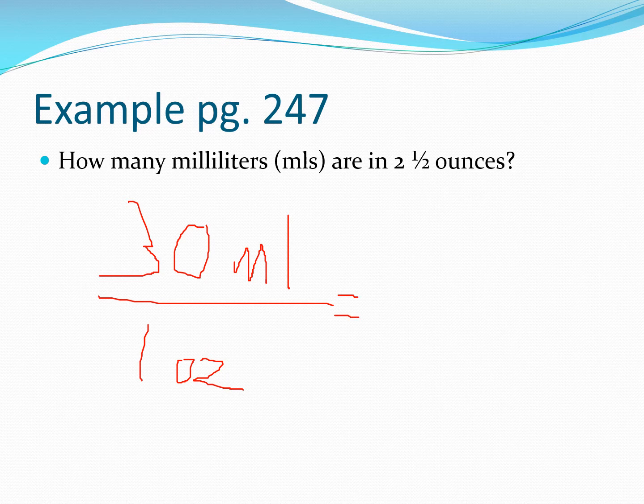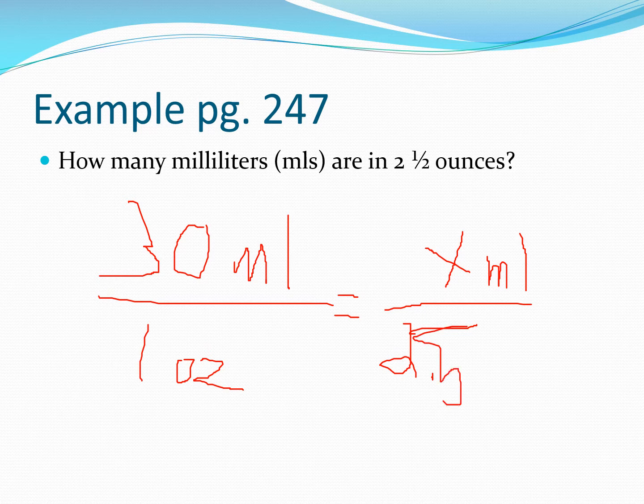Now we are trying to figure out how many mils, rather, are in 2.5 ounces, so that's our X. Sorry, that should be 2.5. So in order to figure this out, we would just take 30.